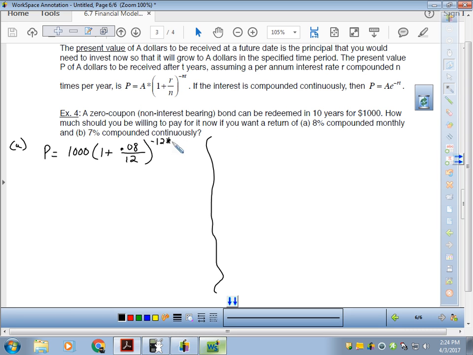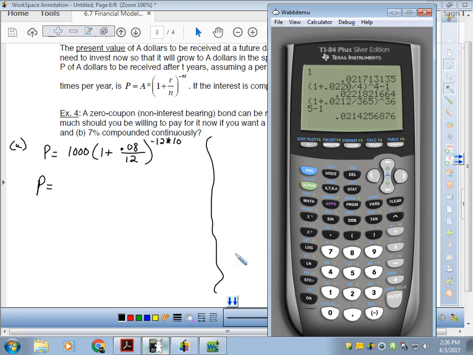We have to wait 10 years, so that's times 10. We'll just go to our calculator. 1,000 times parentheses 1 plus 0.08 divided by 12, raised to the parentheses negative 12 times 10 power. And so we get 450.52.